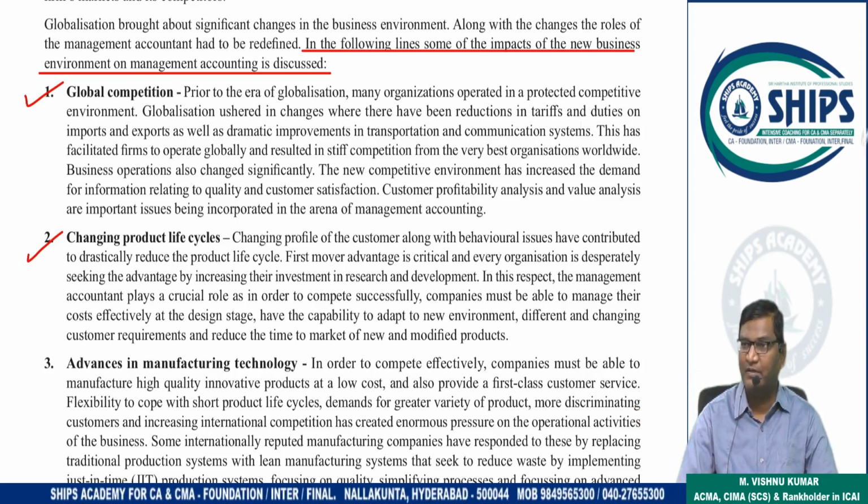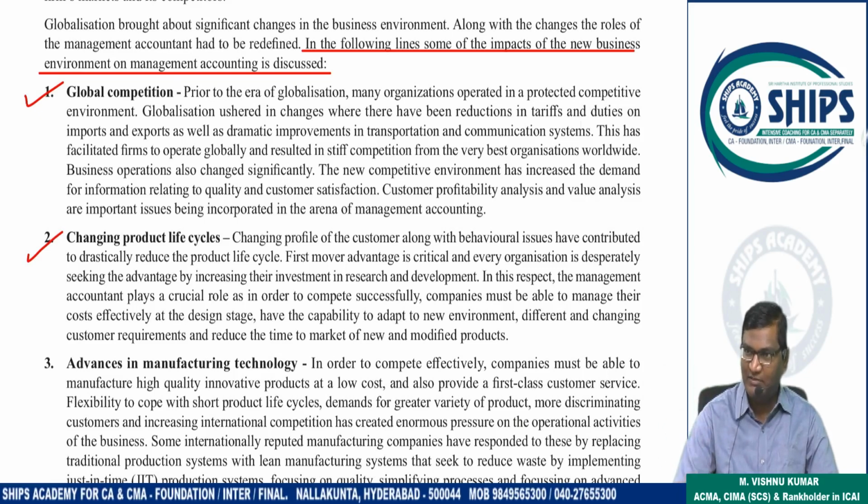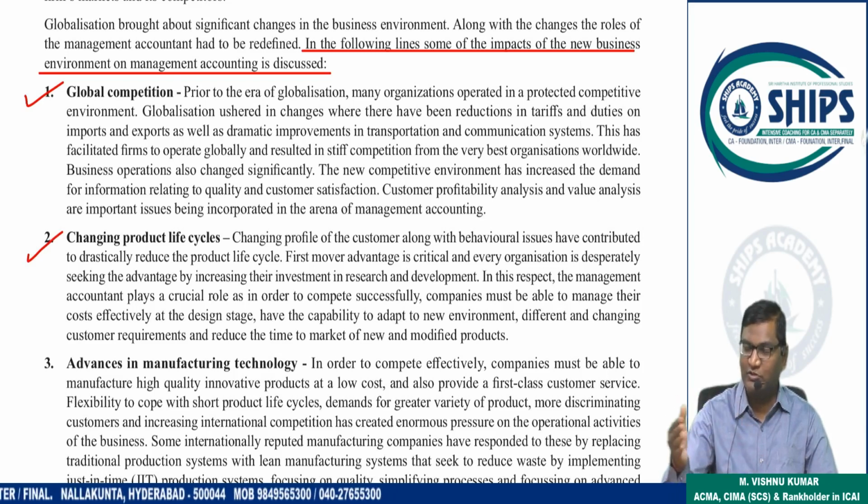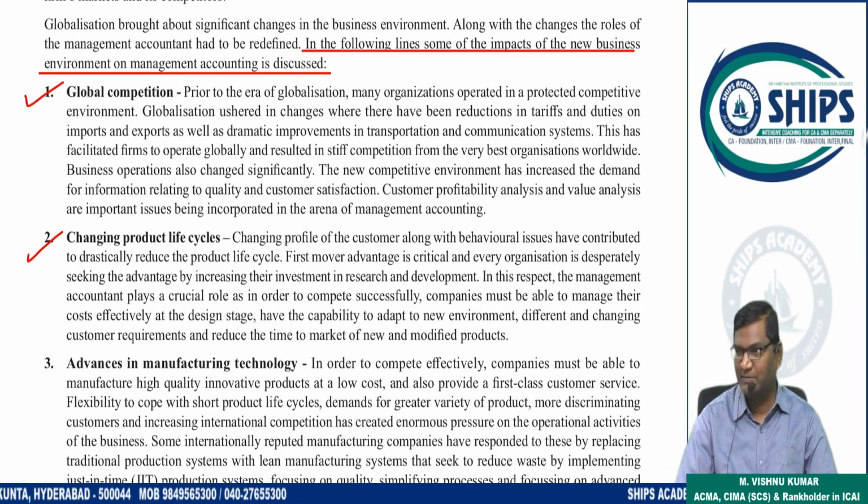For example, if any new mobile phone is released in the market and that mobile phone is totally unique, then the starting sale will be very high. When other competitors are also launching mobile phones in the market, then revenue will decrease, because customers have options now, so they can purchase other items also.